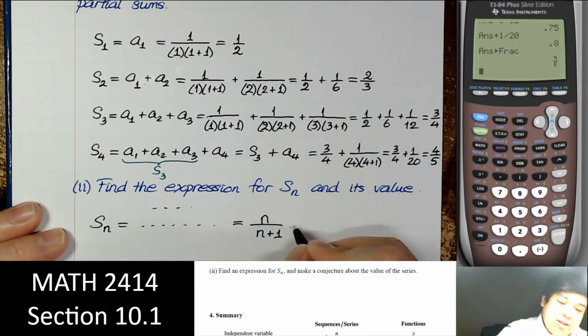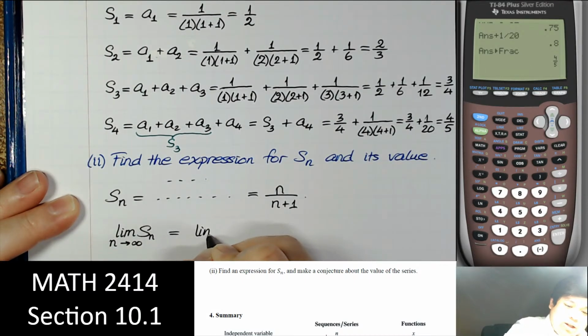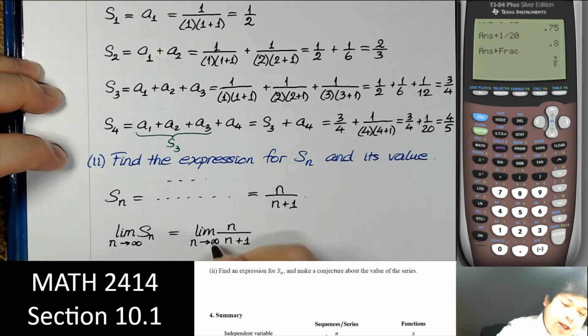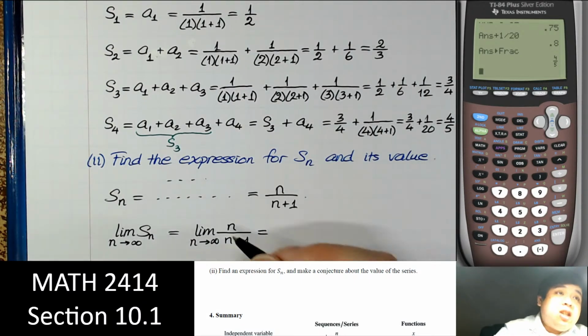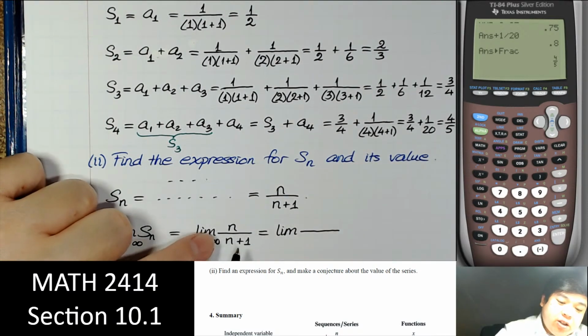And if this is the case, the limit as n goes to infinity of n over n plus 1. Now, just like what we did earlier, take the highest power terms.